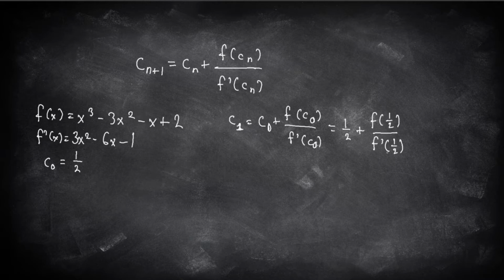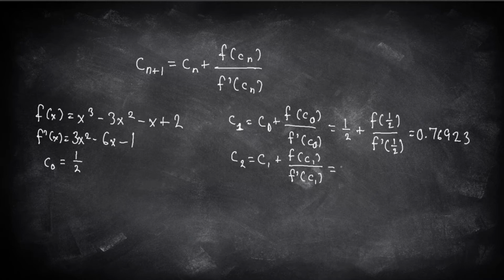Plugging both of these values into our formula, you're usually going to use a calculator, because the numbers get really ugly decimals. When you solve this out, it comes out as something like 0.76923, etc. But I'm just going to stop there. Now, using this number, c sub 2 is equal to c sub 1 plus f of c sub 1 divided by the derivative of f at c sub 1.